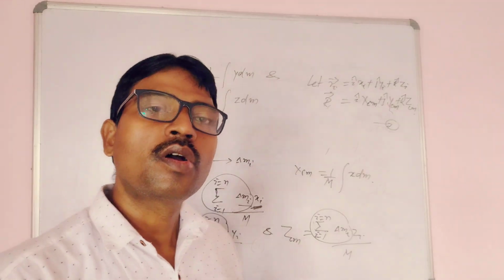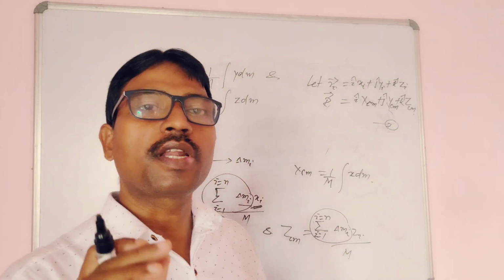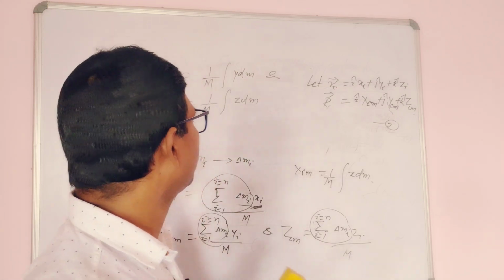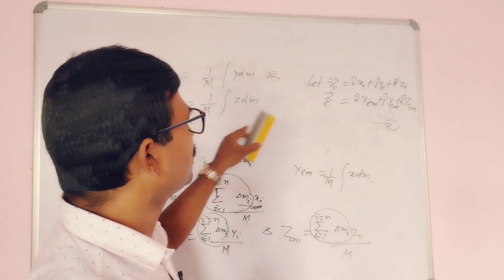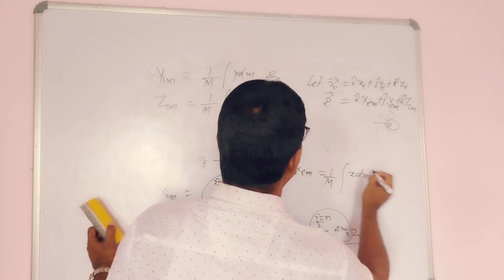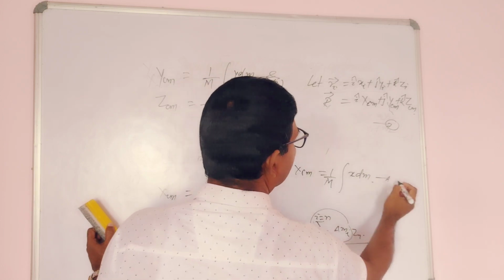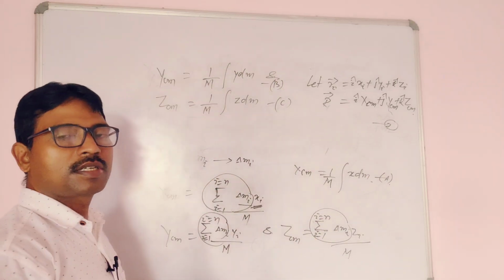This is for a system of n particles forming a continuous distribution body. Suppose this one is A, this one is B, this one is C. These are very important for continuous distribution of particles.